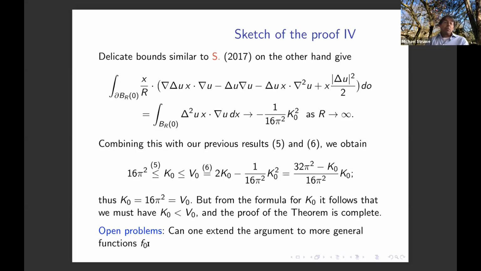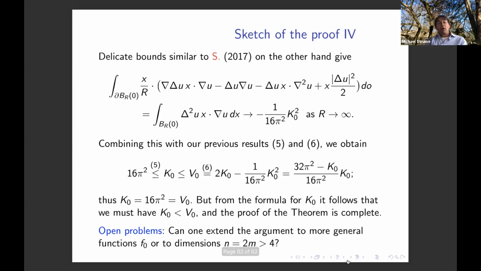So this, by the way, also is an interesting open question in the two-dimensional case. Can one extend the argument proving sphericity of the blow-up solutions in 2 dimensions to more general functions f0 with degenerate or non-degenerate critical points? So this is one big open question that I would like to pose to you.